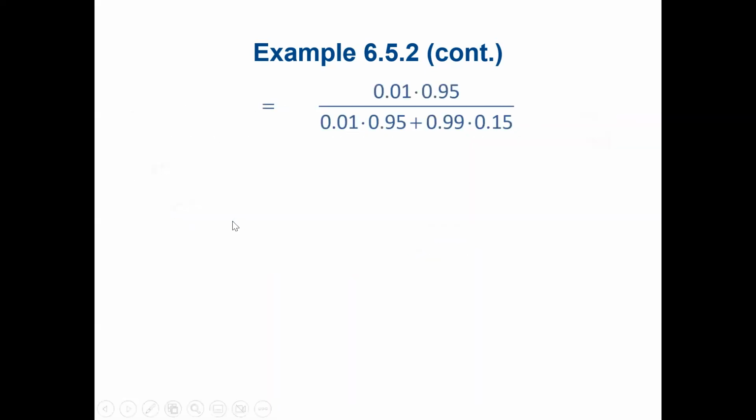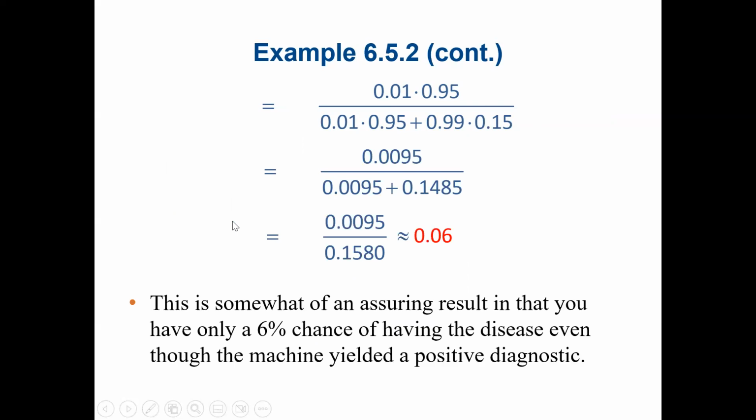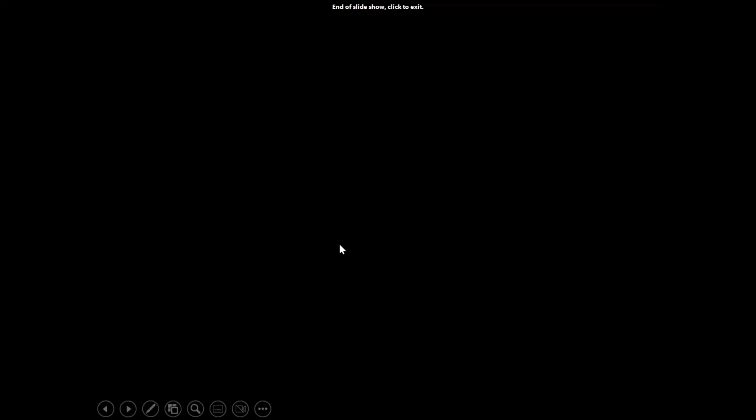So that will be 6%. So this is somewhat of an assuring result in that you have only 6% chance of having this disease, even though the machine yielded a positive diagnostic. We still have only 6% chance of having the disease. So that will be the conclusion of these lectures.